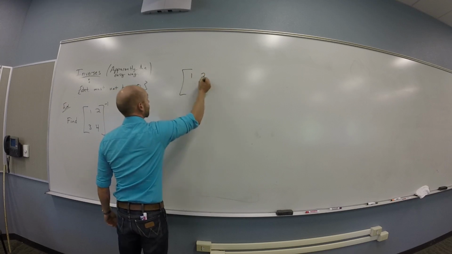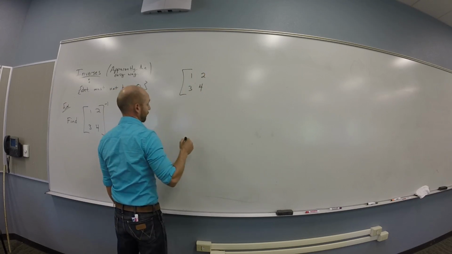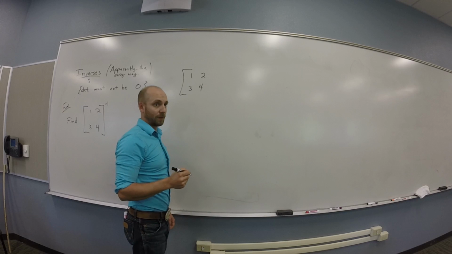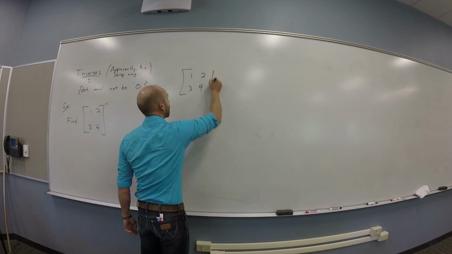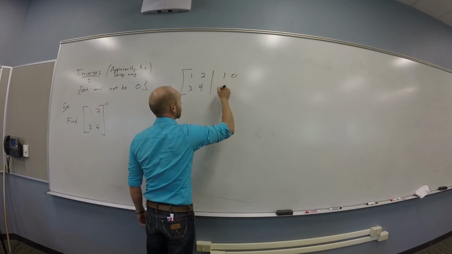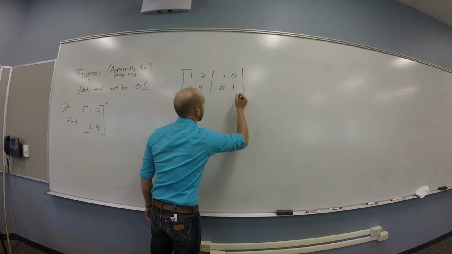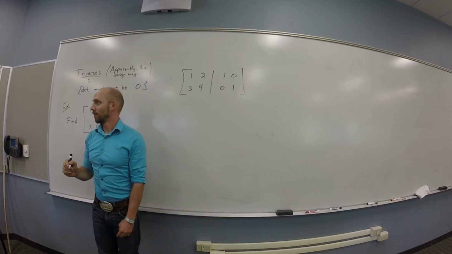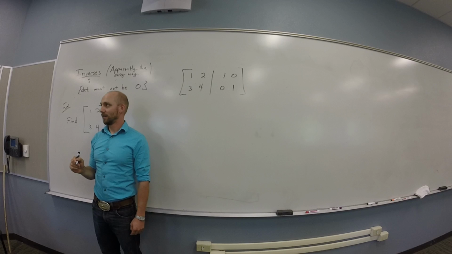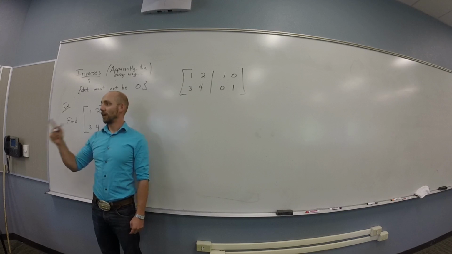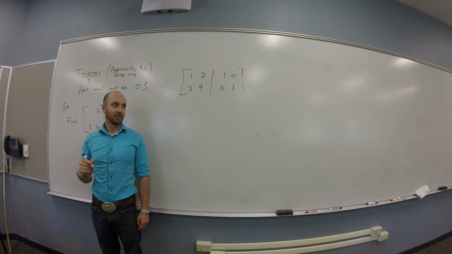So your trick is you write down your matrix 1, 2, 3, 4. Okay? Then augment this thing by the identity matrix. Okay. Now, fiddle until what? Until the identity switches sides. You guys see that?